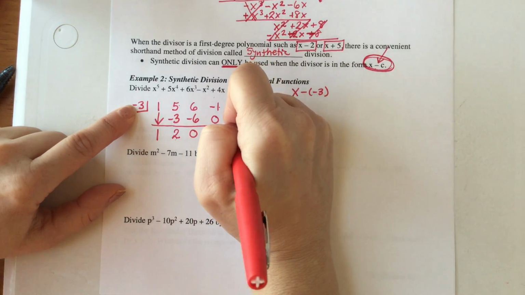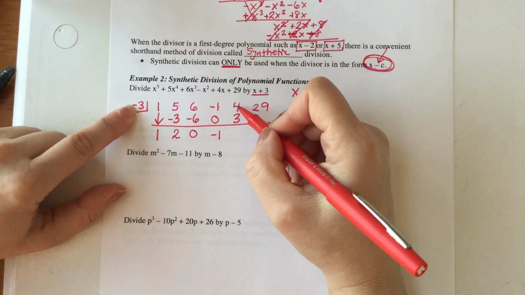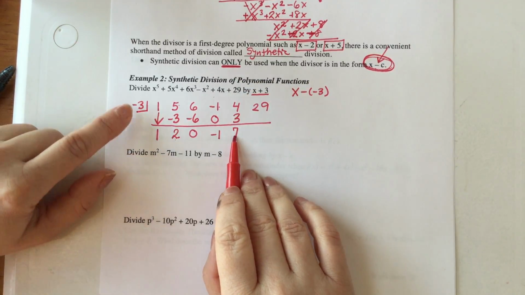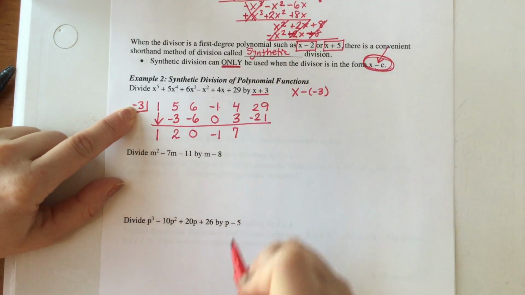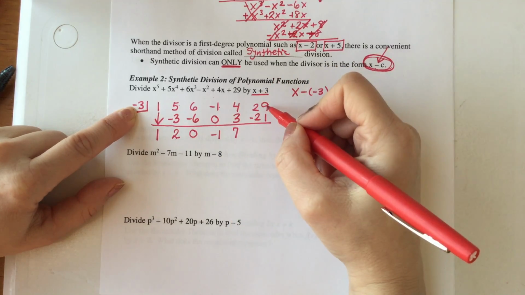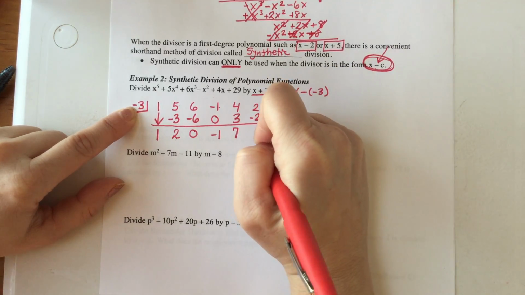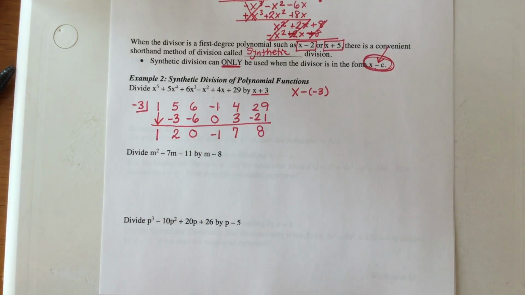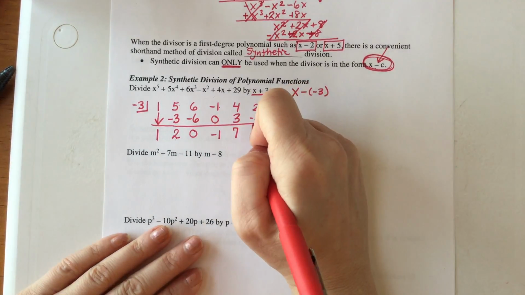Negative 1 times negative 3 is 3. Add. 4 plus 3 is 7. Multiply. 7 times negative 3 is negative 21. Add. 29 and a negative 21 is 8.